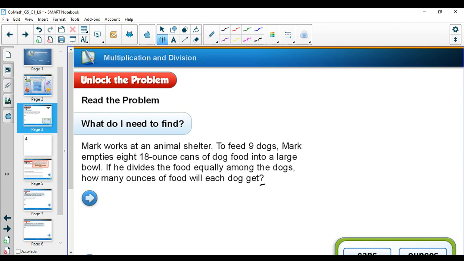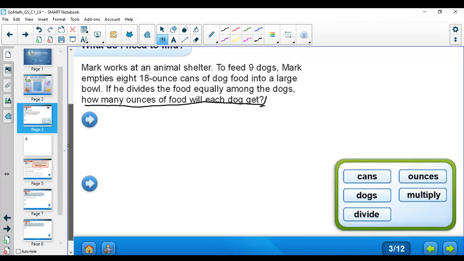If he divides the food equally among the dogs, how many ounces of food will each dog get? So that's my question I need to answer: how many ounces of food does each dog get? So the first step is to identify the problem.